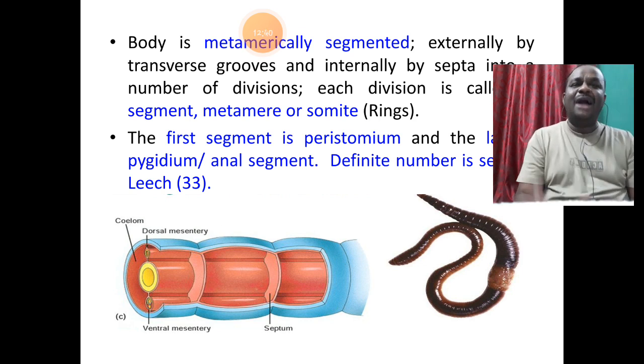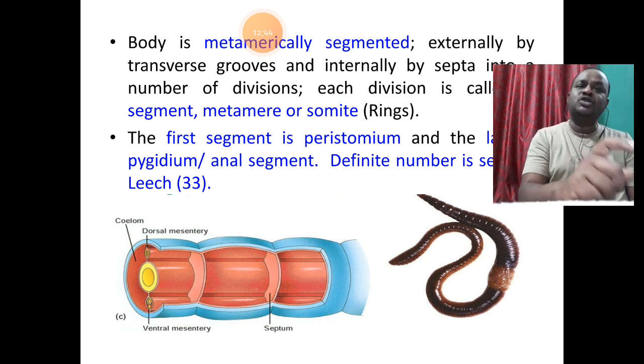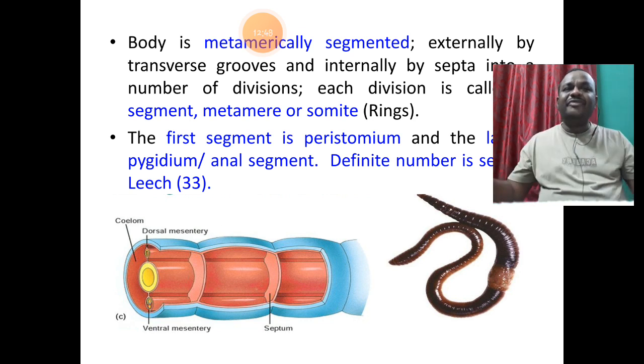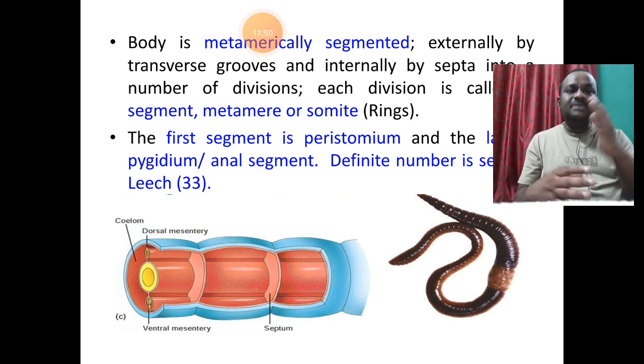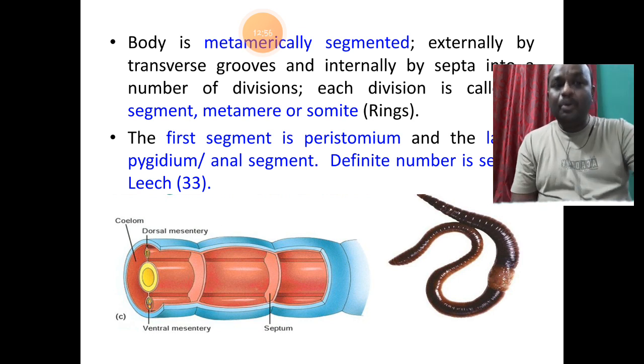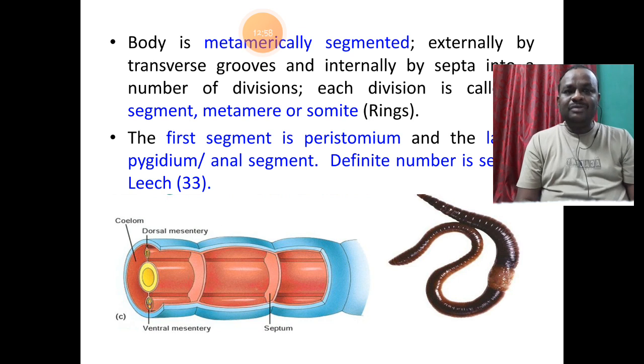So each compartment is called a segment or metamere or somite or a ring. Overall, the body of annelids is made up of a number of compartmentalized segments. Now, hope the concept is clear. So metamerism refers to segmentation of the body.